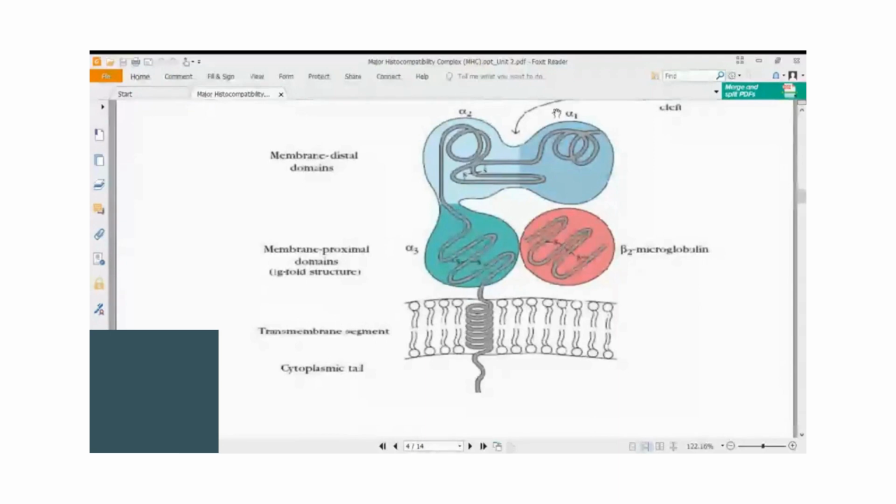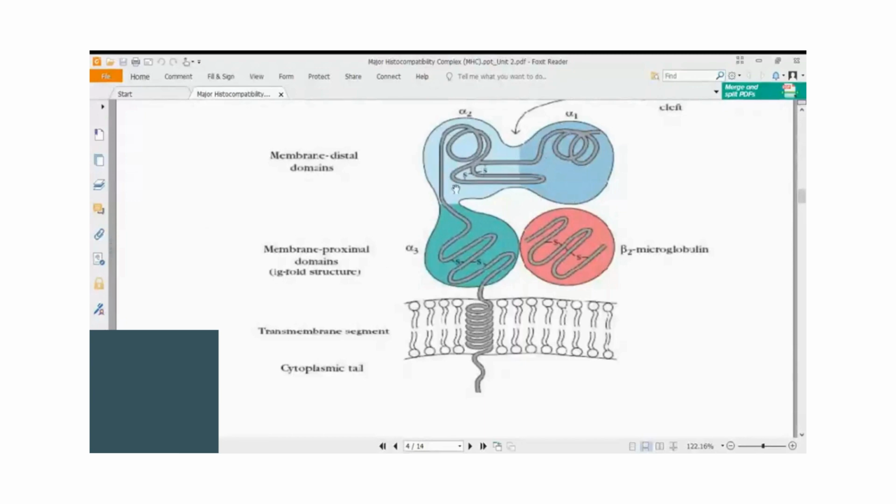Each domain of the alpha chain, that is alpha 1, alpha 2, and alpha 3, has intra-chain disulfide bonds that give foldings in the protein. Those intra-chain bonds give compactness, and there are about 90 amino acid residues in each of these domains.